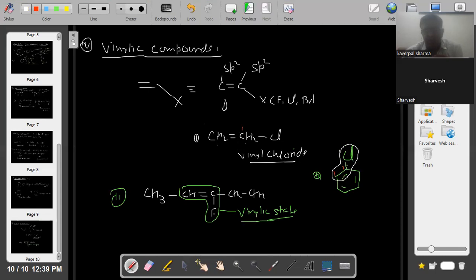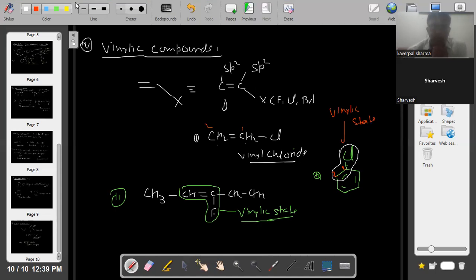Here is 1, 2. That is a double bond and the chlorine. In such a case, it is a vinylic state. So double bond and then halogen, that is also vinylic state.